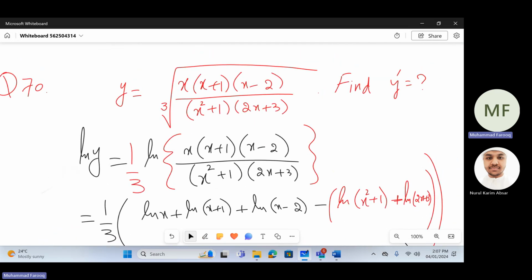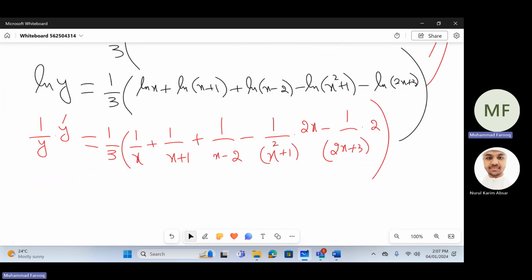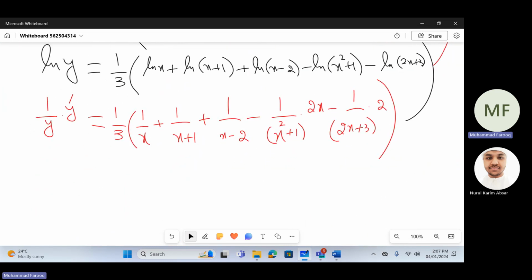So, first of all, because we need only y prime, we have to multiply by y on both sides. We don't need y, because y over y is 1, so this cancels out. Now we have y prime, which is our requirement.